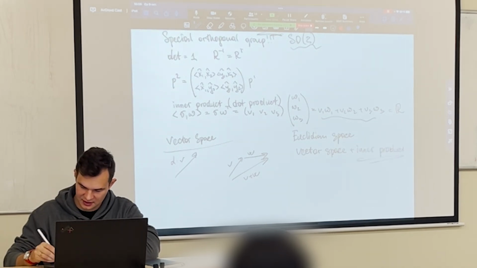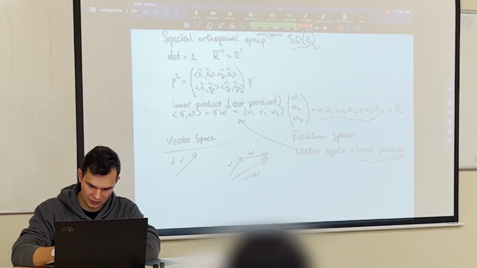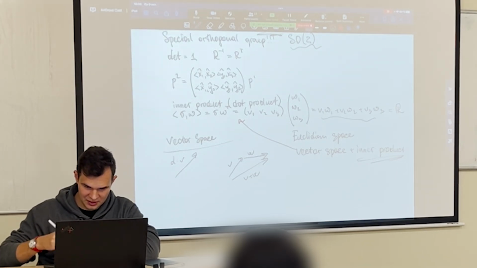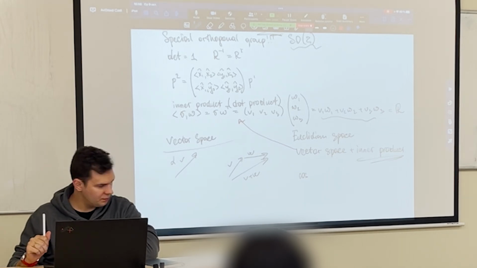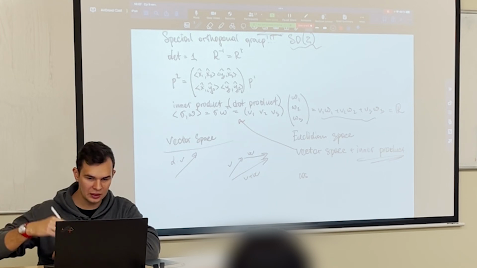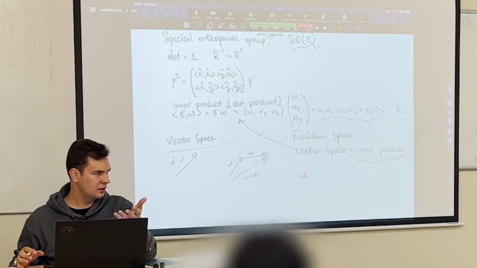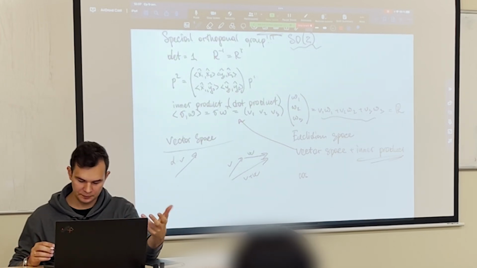And since it has the inner product that we just established, this thing has a structure that allows us to tell about norm, the length. It allows us to tell about angles between vectors.